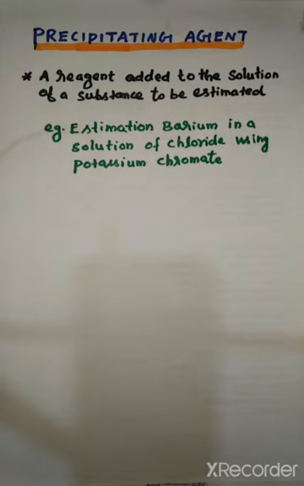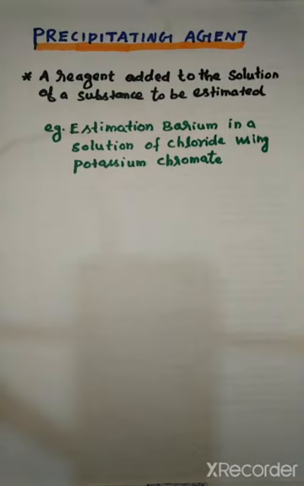Everything we discussed in the last class. Now we know what gravimetric analysis is and what we do in gravimetric analysis. We also discussed the main focus of gravimetric analysis.